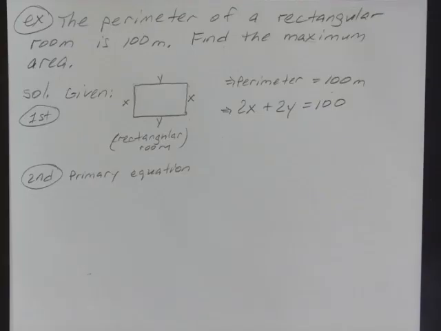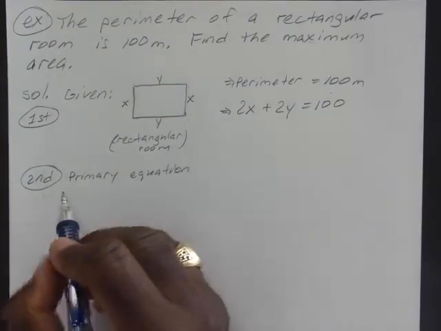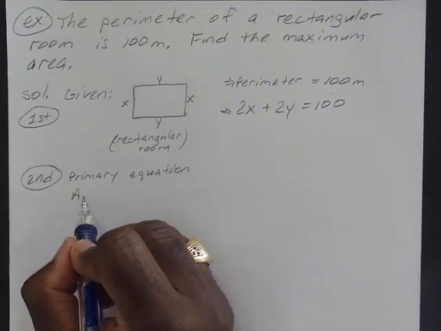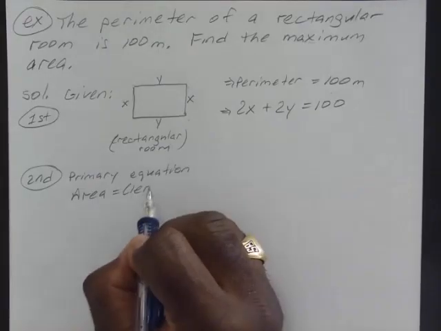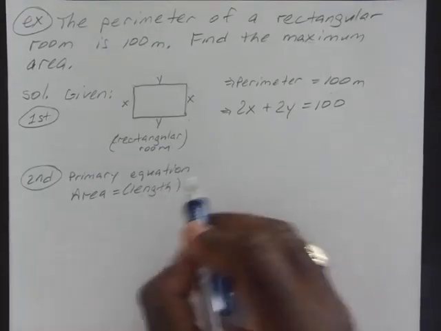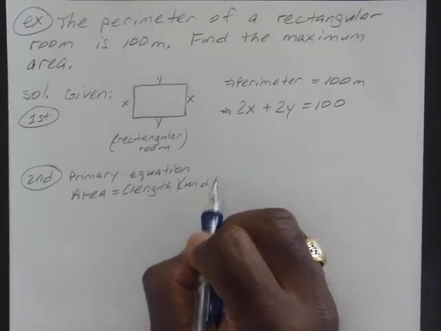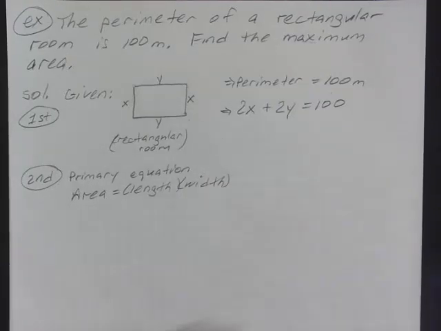Okay. Well, since we're maximizing the area of a rectangular room, we're going to need the area of a rectangle. So we know that the area is equal to the length times the width. So if they said a circular room, we need the area of a circle.